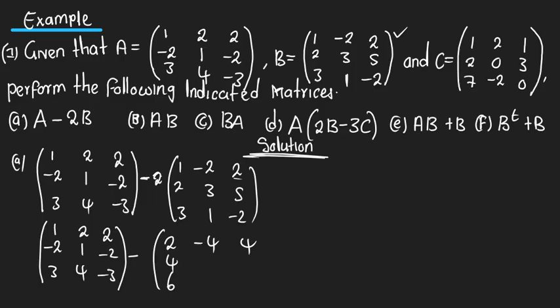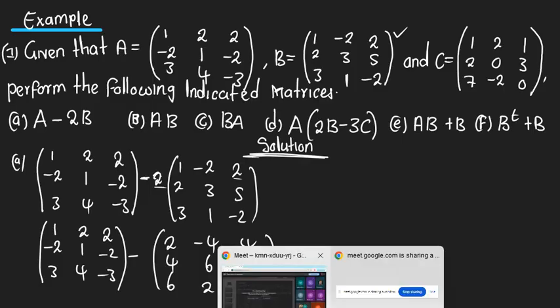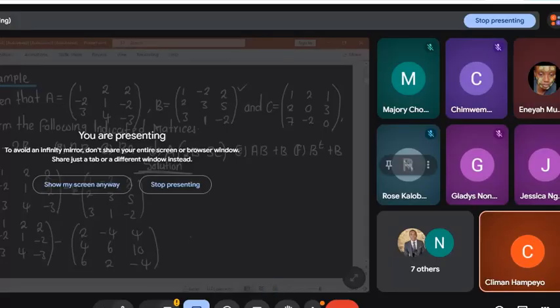Then 2 multiplied by this 3 is going to be a positive 6. This 2 multiplied by 5, 10. 2 multiplied by 1 is 2. 2 multiplied by negative 2 is going to be negative 4. Okay? Thumbs up if you understand there. Is it clear? So I've just multiplied the 2 by everything that is inside the brackets actually.